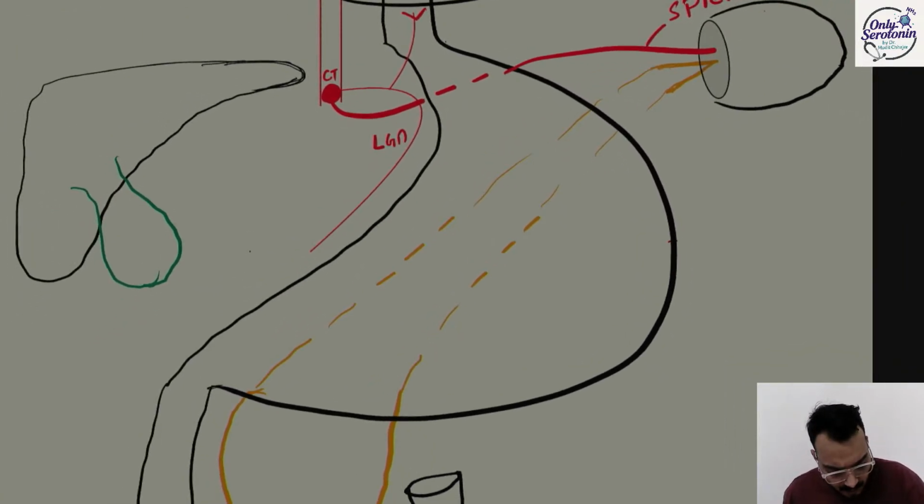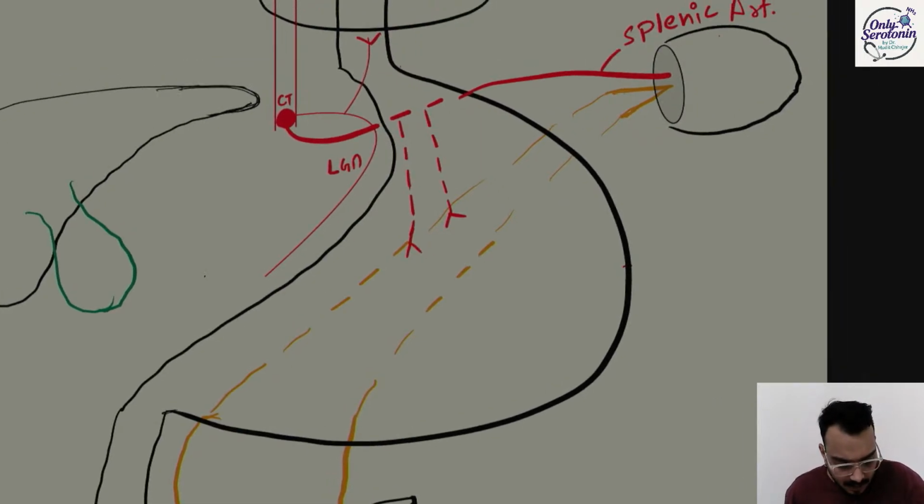Out of them, the first 3 branches are for the pancreas: dorsal pancreatic artery, arteria pancreatica magna, and arteria pancreatica cauda. All these 3 are the branches of the splenic artery which supply my pancreas, right?